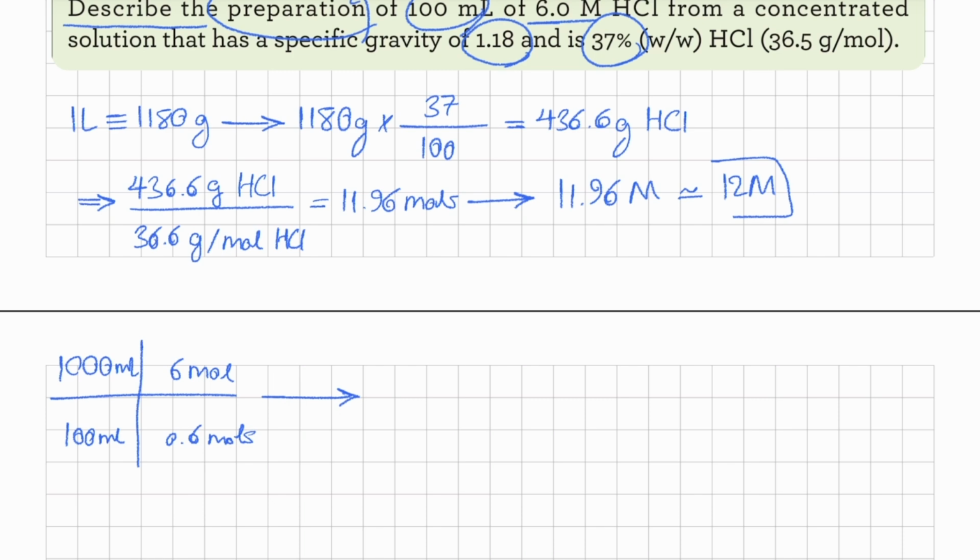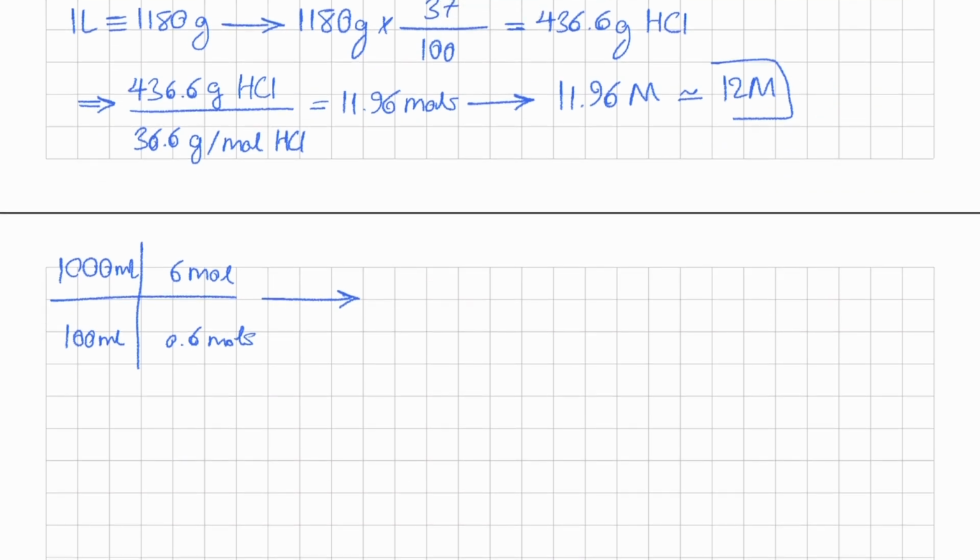So the concentration that we calculated is 12 molar. We can say in 1,000 milliliters of this solution, there are 12 moles of acid. So how much solution should we have to have 0.6 moles of acid?